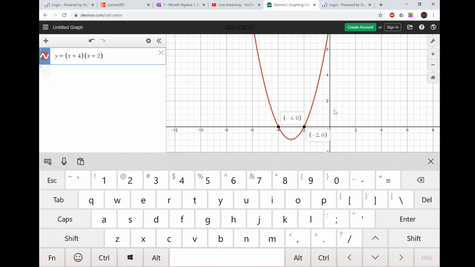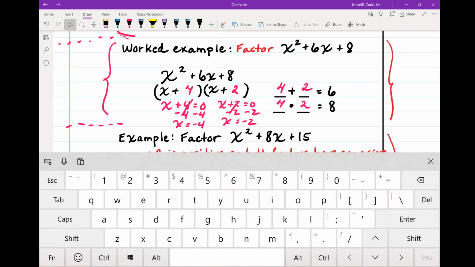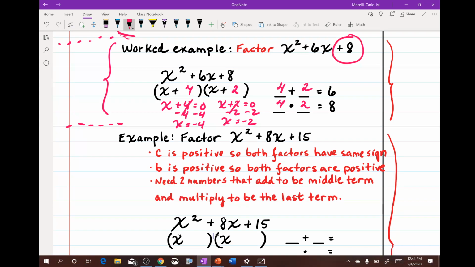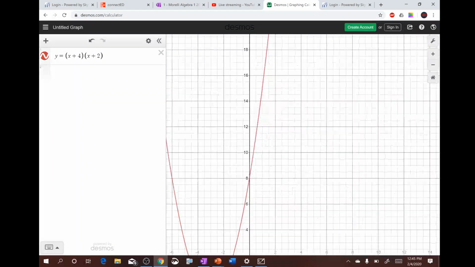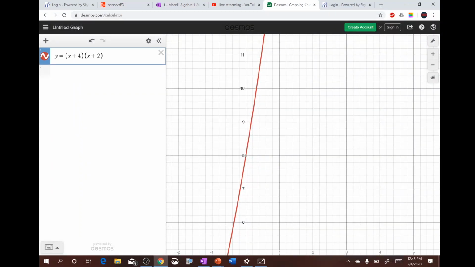Let me show you one other cool thing about this. Let's go back to our OneNote. You see this number right here? Check this out. Wow. That last number all by itself in the quadratic is the y-intercept.